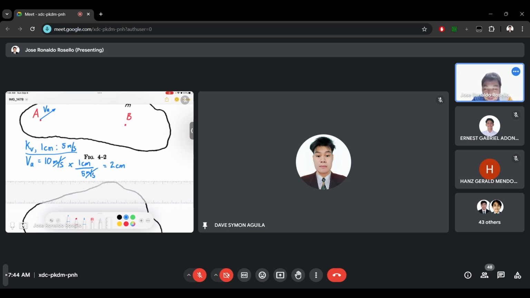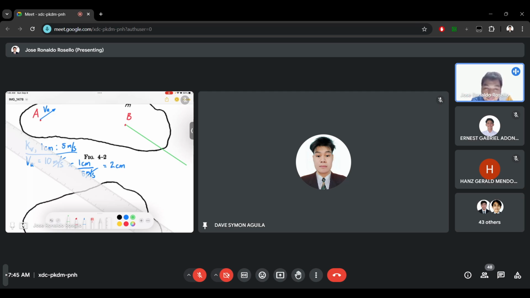Next is to determine the velocity at point B. So how do we do that? First, let's see what is given at point B. Point B is given its location. It's on the same link with point A. But it was also given that the direction of point B is going this way.